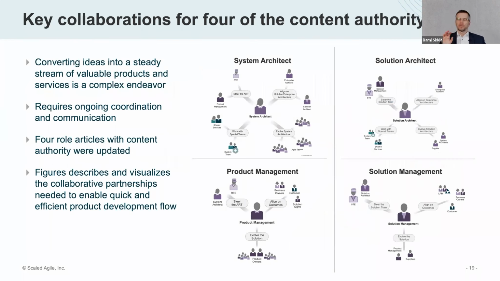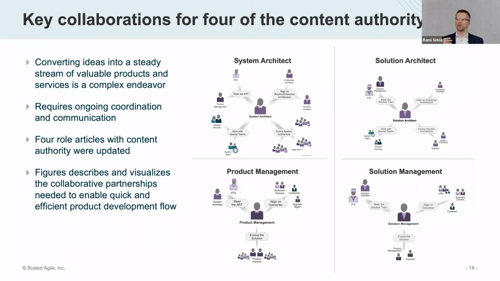On top of these responsibility wheels, there's another way to articulate the role, and that's these collaborations. So this is an illustration and visualization of how each of the roles actually needs to collaborate, and that's kind of a no-brainer, but it's updated material and an updated article on how the collaboration should be happening. Take the example of product management.